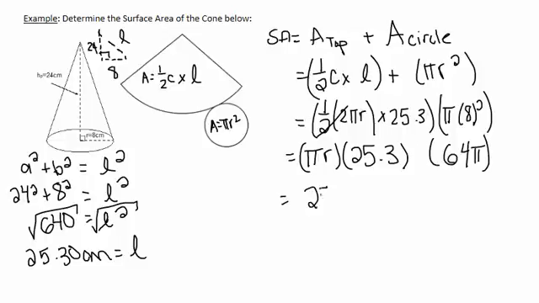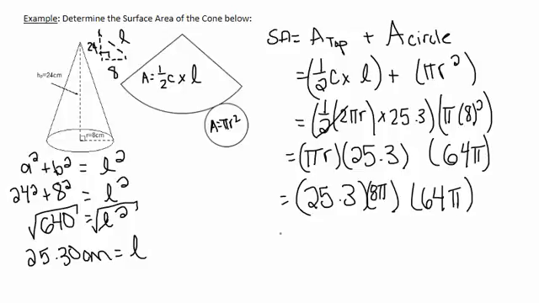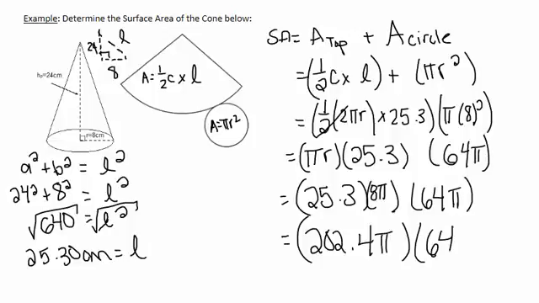So we're left with 25.3 times 8 pi, because I'm plugging in our value of our radius, plus 64 pi. And that gives us 202.4 pi plus 64 pi.